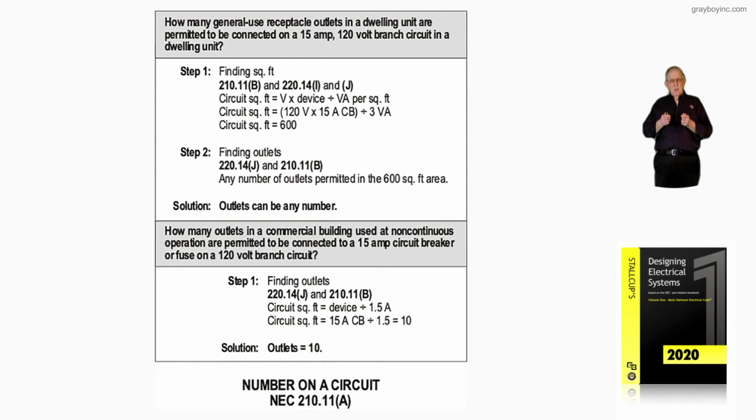Now, in commercial and industrial locations, electricians have to be very careful with this. They just shouldn't go in and start adding receptacles and lighting loads on a branch circuit, because you're limited here based upon non-continuous or continuous operation as defined in Article 100.